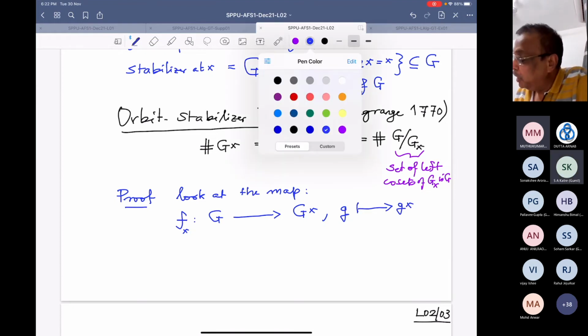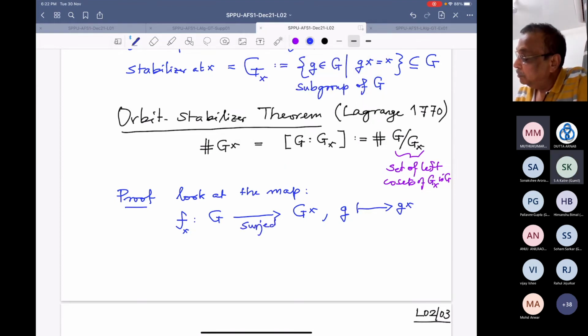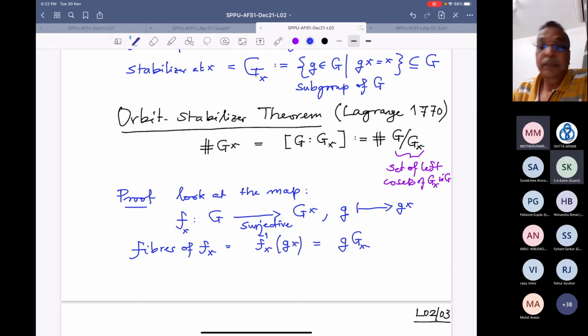What kind of a map is this? It is clearly surjective. And what are the fibers of this map? The fiber is Fx inverse image of GX. That you check. That is what I checked yesterday.